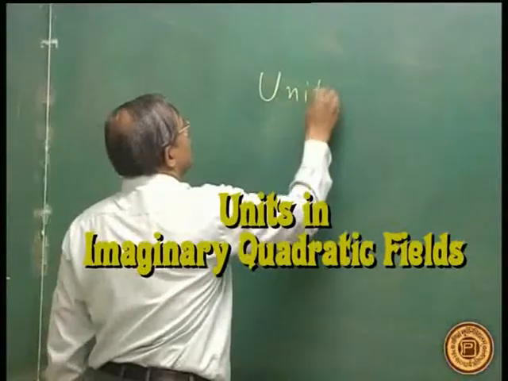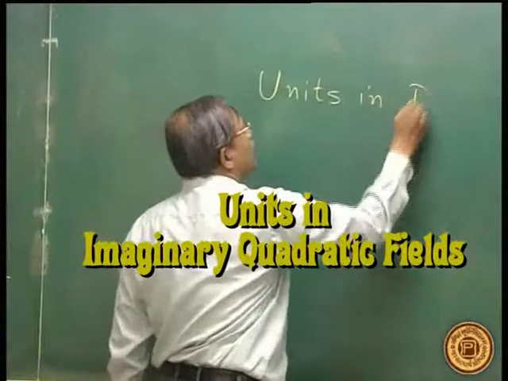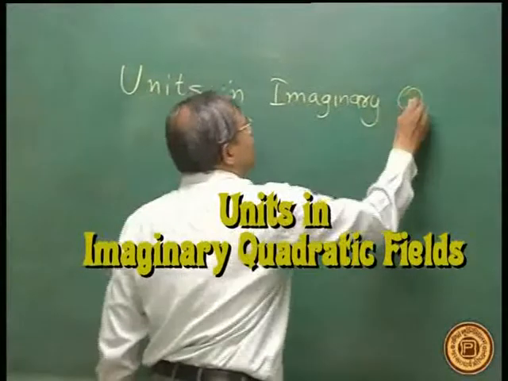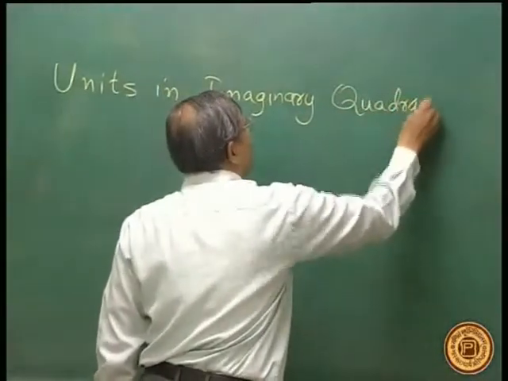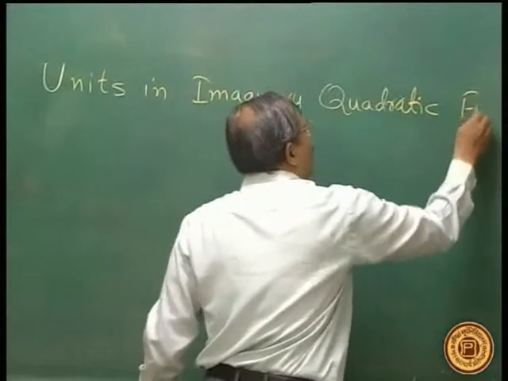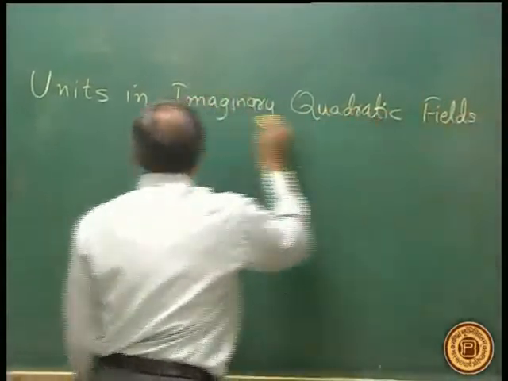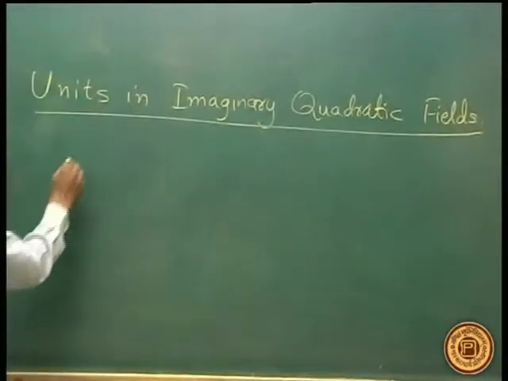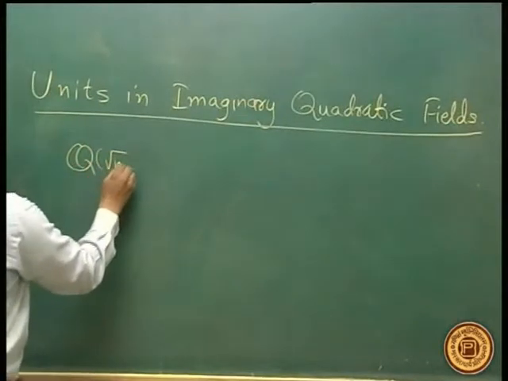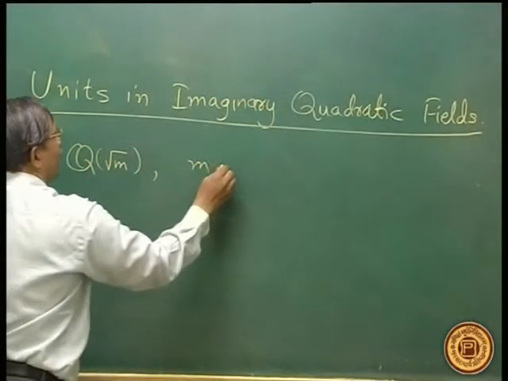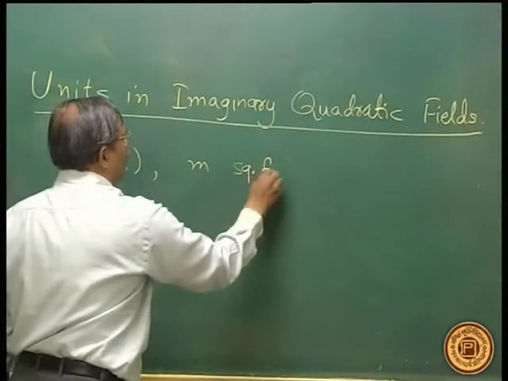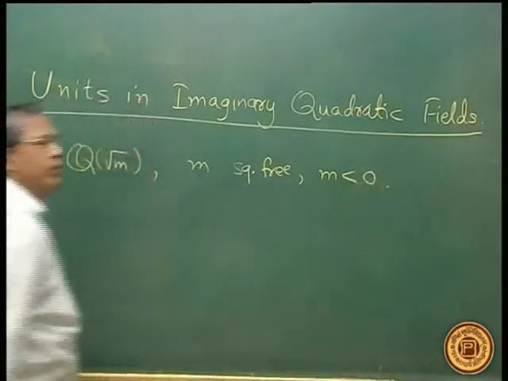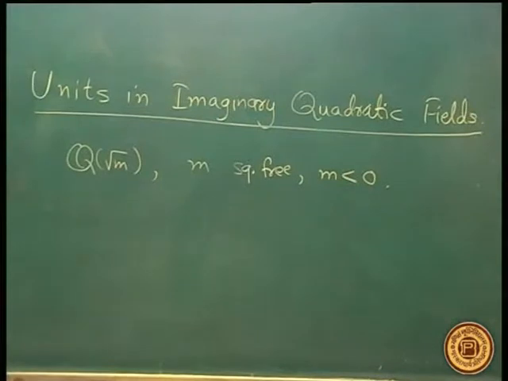Units in imaginary quadratic fields. These are the quadratic fields Q(root m), where m is a square free integer and m is negative.